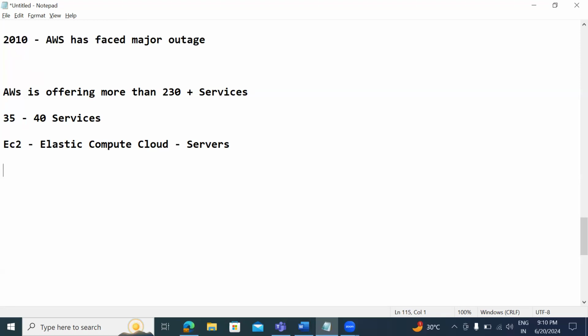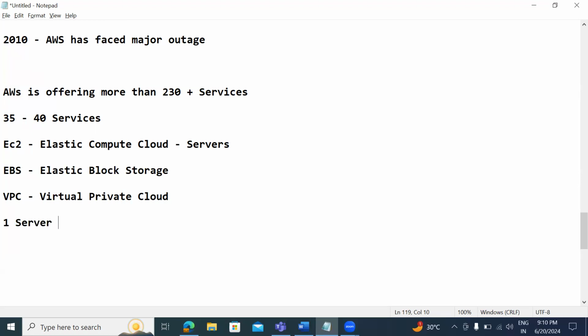Then the next service is EBS, Elastic Block Storage. Another very important and very powerful service is VPC, which stands for Virtual Private Cloud. Now try to understand the relation between these three services. We got one server, which in AWS we call an instance. It's nothing but a virtual server.